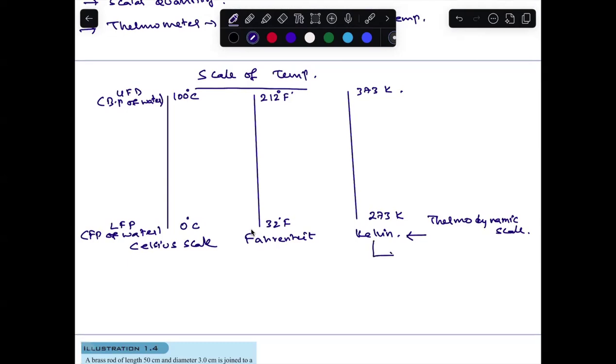The zero of the Kelvin scale is defined properly, on the basis of the triple point of water, whereas you don't require two reference points. You just require to measure some property at the triple point. Okay, so this is how you define a thermometer scale.